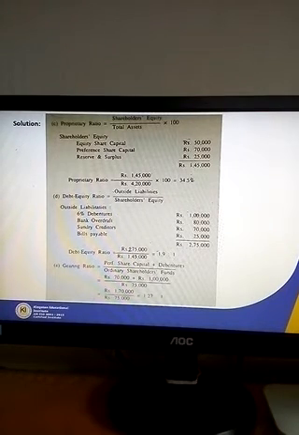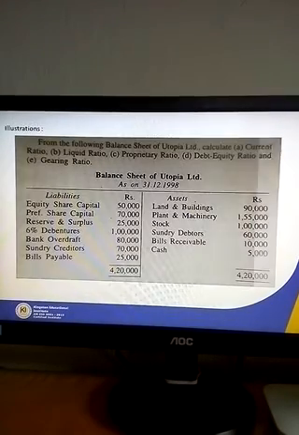Next is gearing ratio. Gearing ratio, preference share capital plus debentures by ordinary share funds. Means how much we have own share capital and how much from loan. So preference share and debenture by ordinary share capital fund. Ordinary share capital, that is 75,000.